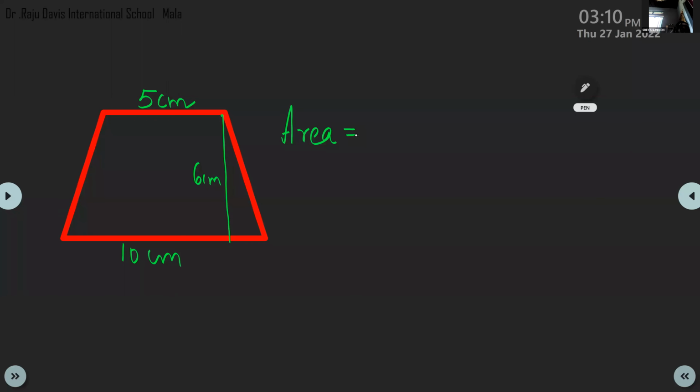Why are you taking so much time? What is the formula? Anybody got the answer? You are in 8th standard. You should not take this much time for calculating this.